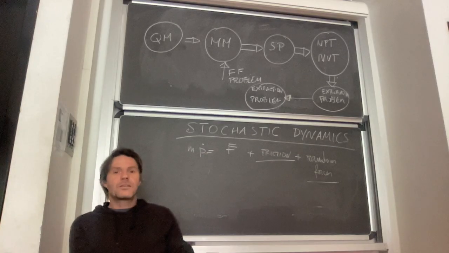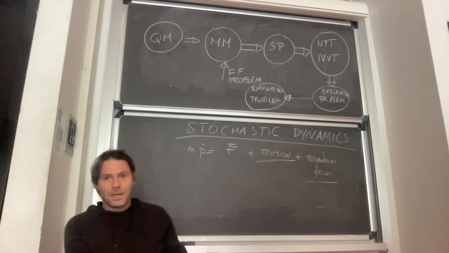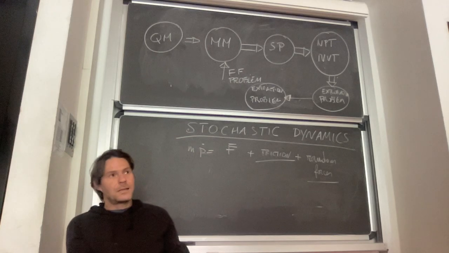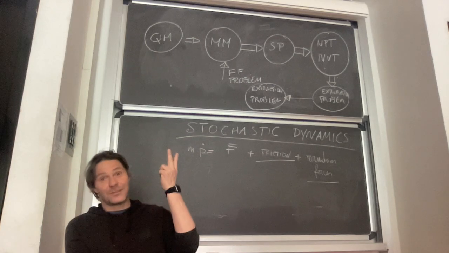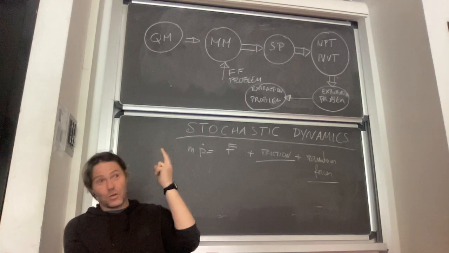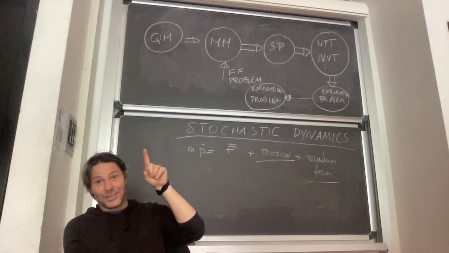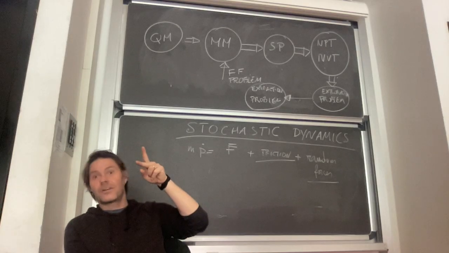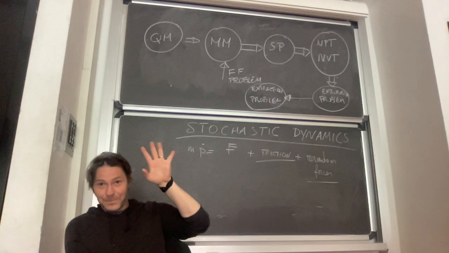The Hamiltonian dynamics is invariant under the transformation t goes into minus t. And this is because the acceleration contains two time derivatives. So when you send t to minus t, the second derivative compensates the minus signs. Okay?